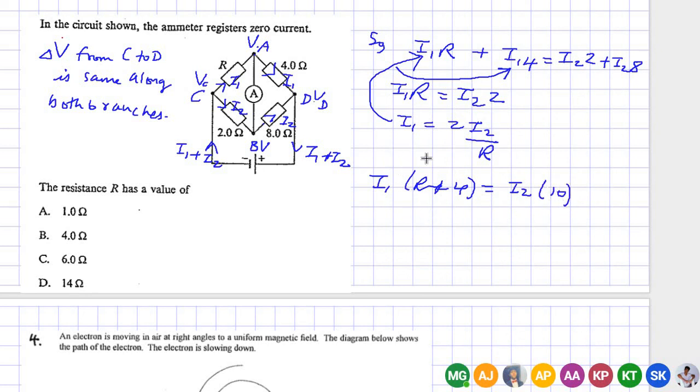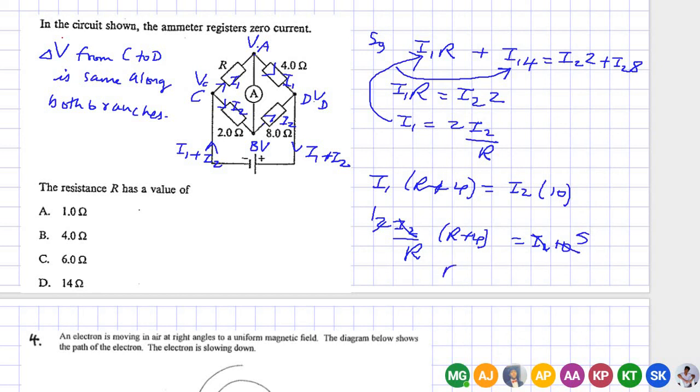And now you have I1 is 2I2 by R. So 2I2 by R into R plus 4 equals I2 into 10. So I2 will cancel. 2 ones are 2, 2 fives are 10.